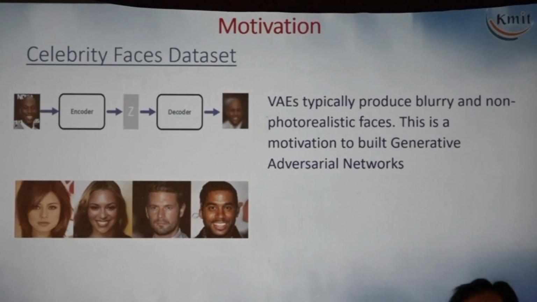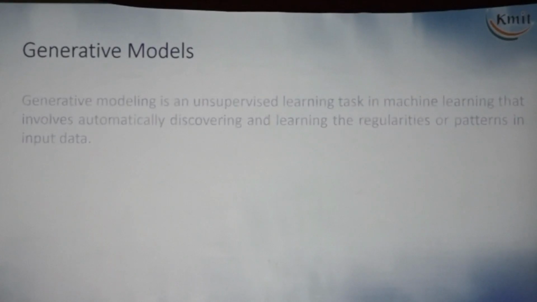Then the generator goes back and trains, generates a new picture, and again that is given to the discriminator. Again it will classify whether it is good or bad. Hope you understand. So this is the basic concept of the generative model.